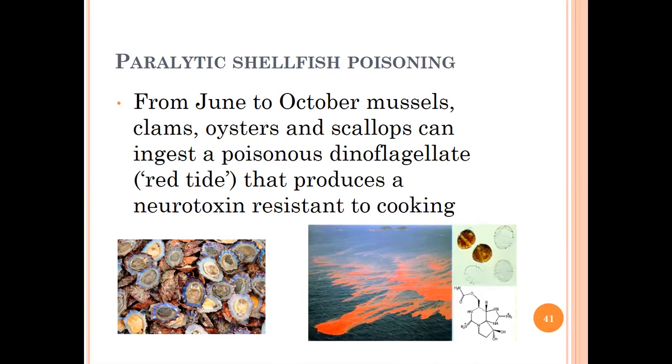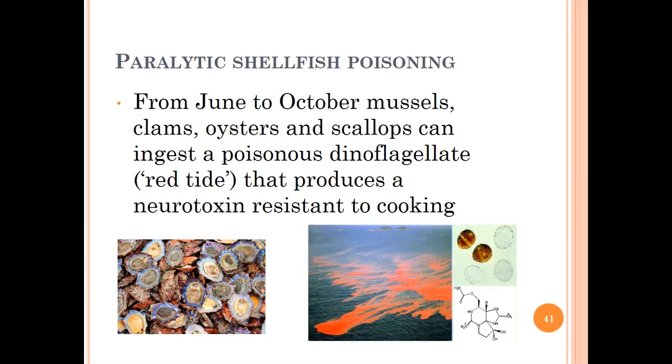These episodes of intensive growth of dinoflagellates lead to a high concentration of their toxins, paralytic shellfish toxins, in seawater, and they can be absorbed by sea-living organisms.